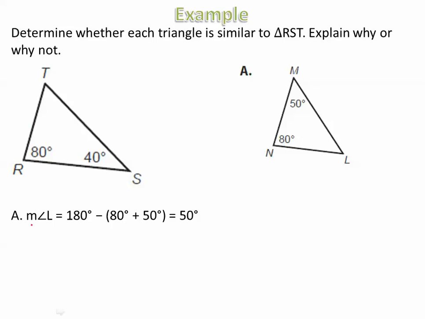Let's look at this. Let's see what they're saying here. They said the measure of angle L equals 180 minus 80 plus 50, which is 50. And I'm not liking that because 80 and 40 is 120, so angle T had to be 60 degrees. And this can be 50, but that doesn't say they're similar.